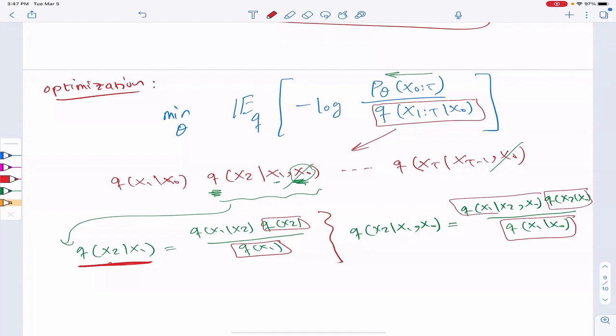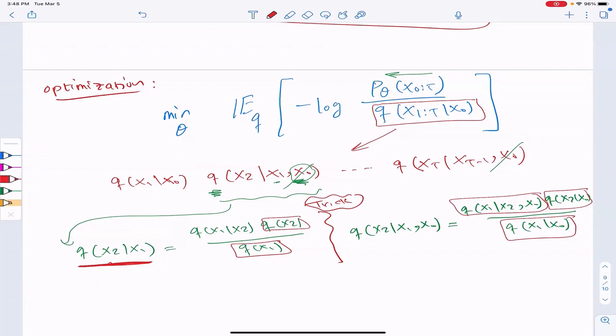Yes. And we turn this into the other direction by knowing these variables. And do we have Q(x1 | x2, x0)? We argue that yes, we can in fact compute that.